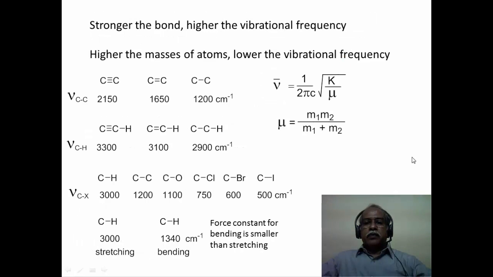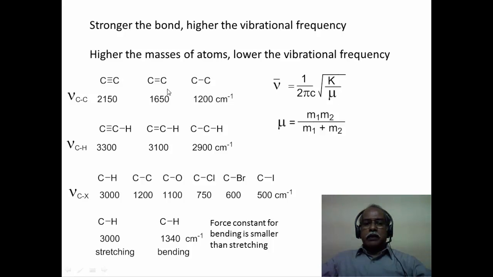From this equation, one can conclude that the stronger the bond, the higher the vibrational frequency of that particular bond. The higher the masses of the atoms connected to a particular bond, the lower the vibrational frequency, because the frequency is directly proportional to the force constant and inversely related to the reduced mass of the 2 atoms that are connected to each other.